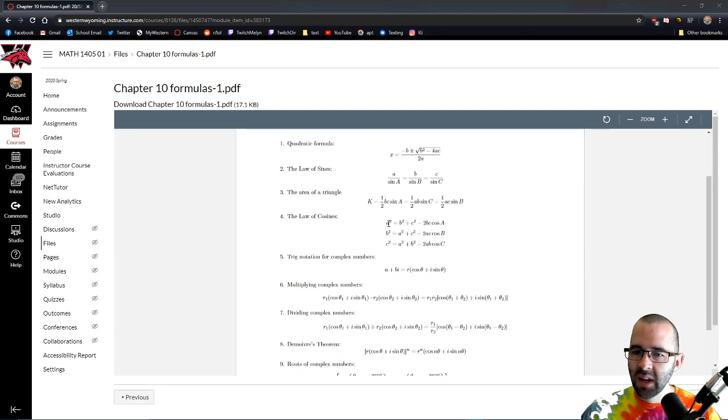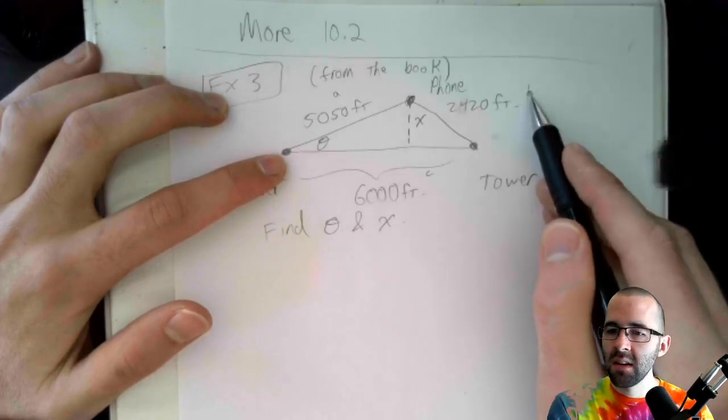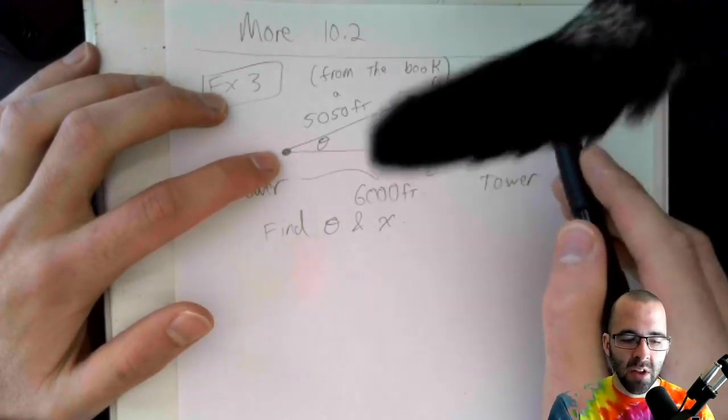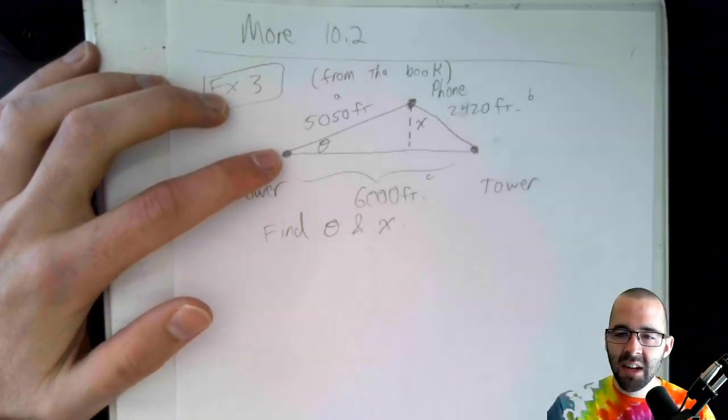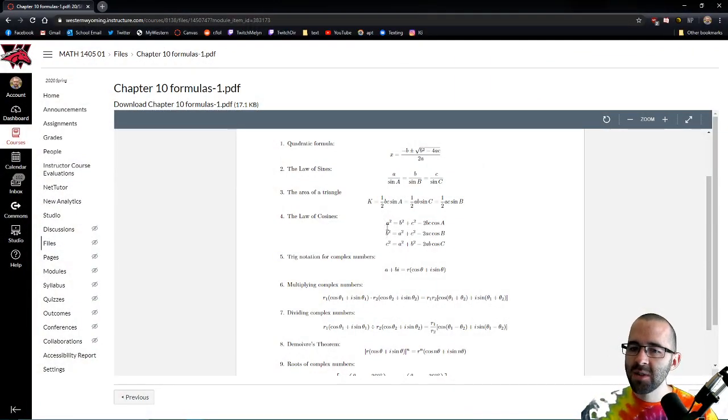We have three of them. And notice that the left-hand side is always the squared side, and the angle on the right is the opposite angle. So if we're solving for theta right here, the left-hand side should be B. So that's the one we're going to use, the one where the left-hand side is the opposite side from the angle that we want, which in this case is this formula.